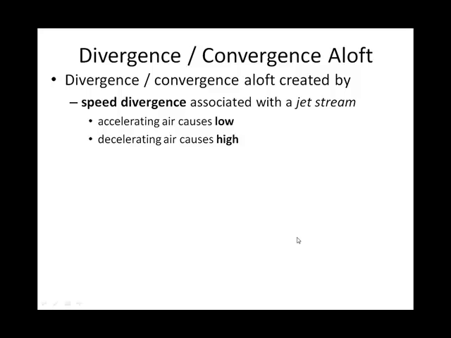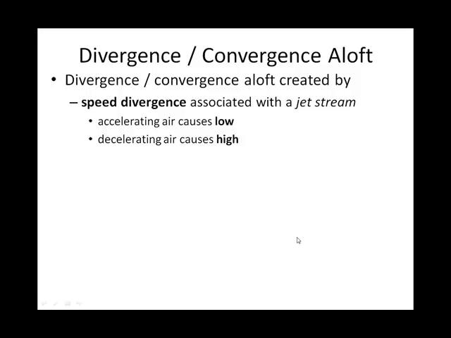In general, if there is acceleration, then we're going to have a low pressure created aloft, and that would be our diverging air, and that would sustain a central low. And if it's slowing down, decelerating, that would be a high pressure aloft.